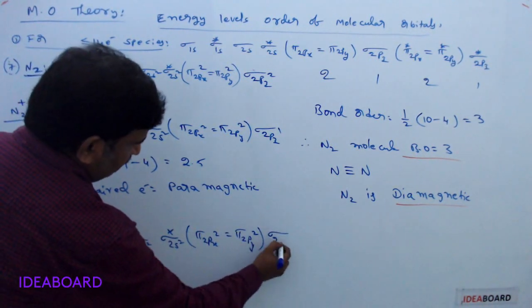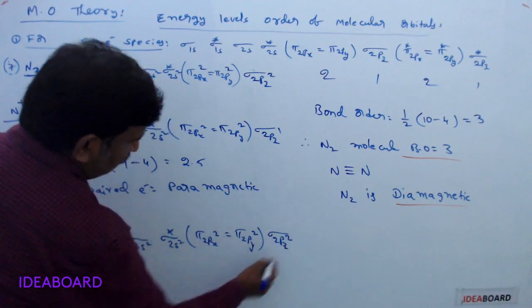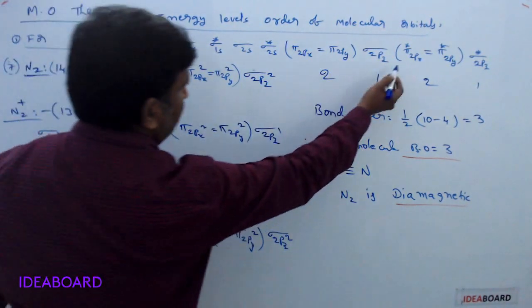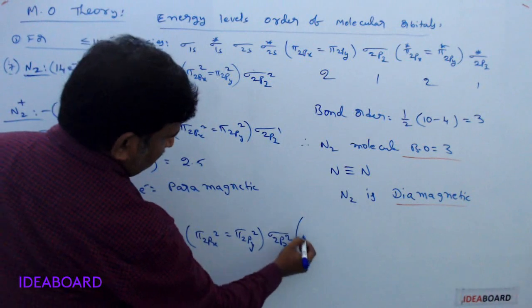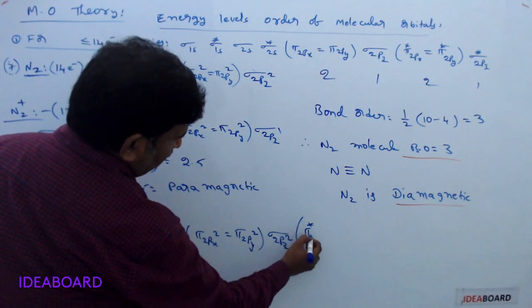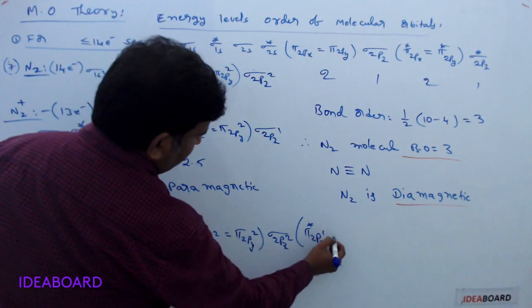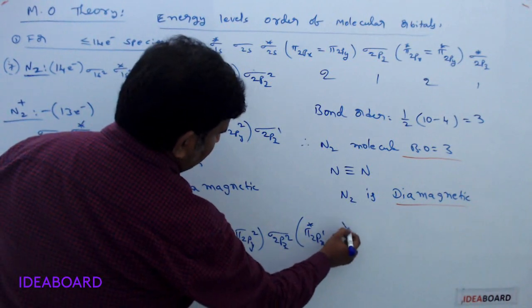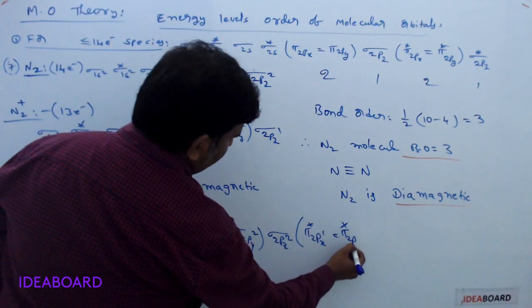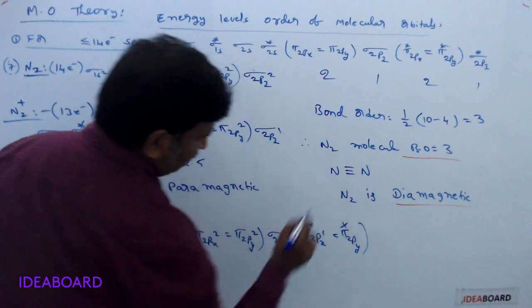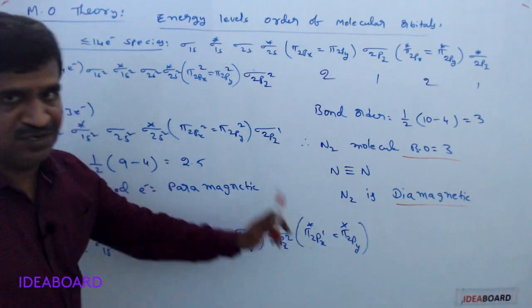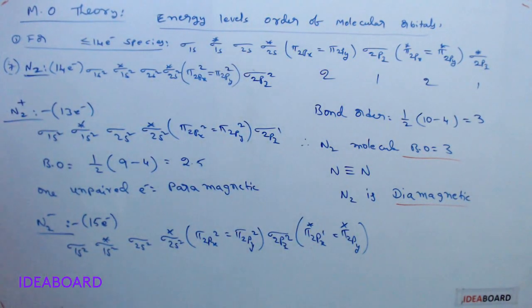And next, sigma 2pz2. And one more electron, where can we add? Yes, pi star 2px1, equal to pi star 2py, but no electron. Here only we have x1. Okay.